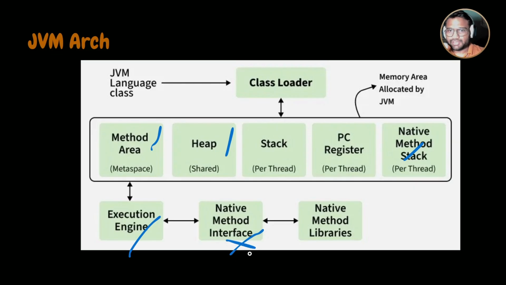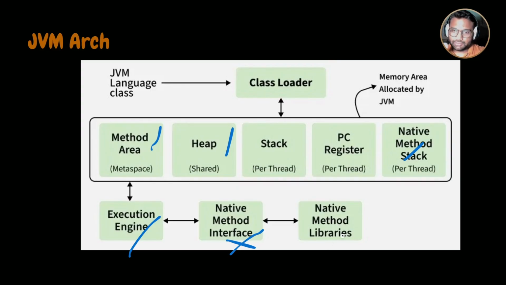As we discussed, about the native things that we are calling in our code, to allow calling of those native methods, we have the native method interface that allows the Java program to call code from the native method stack. And then we have the native method libraries.